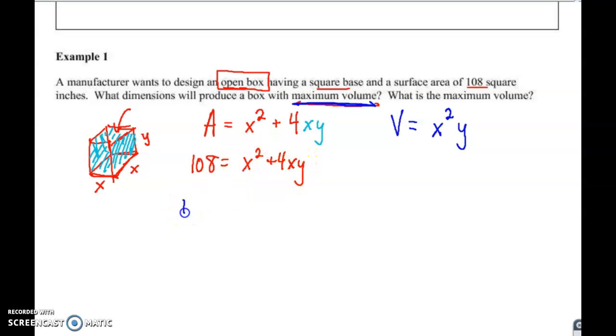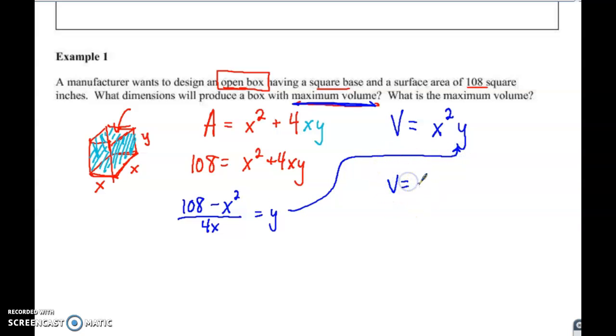So maybe it would be best if I took my secondary equation, subtract x squared over, and then divide everything by 4x, which would equal y. And so then I can substitute that into this problem.